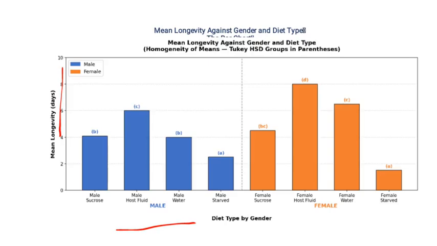For example, B and B are male sucrose and male water. They have the same letters, meaning there is no significant difference. But those with different letters, A and B, have a significant difference.